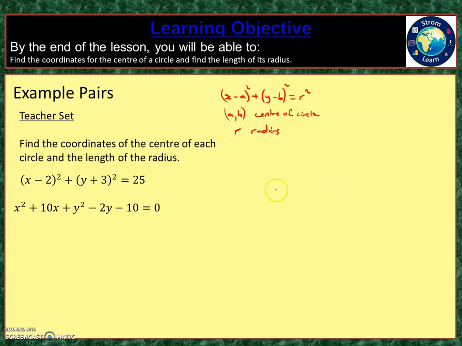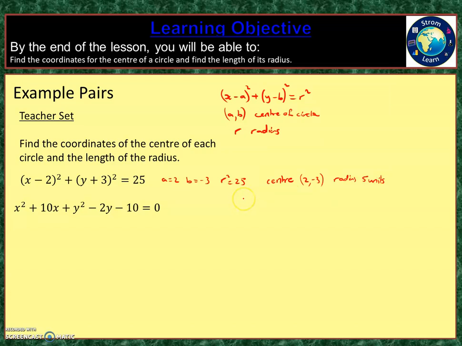So a has the value of 2, b has the value of -3, r squared has the value of 25, and therefore the centre is (2, -3) and the radius is 5 units.